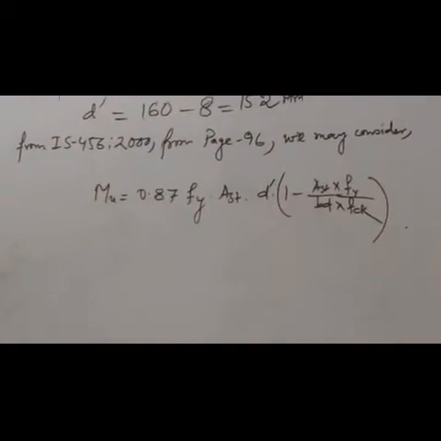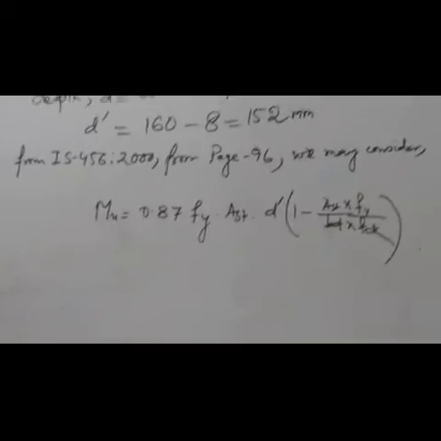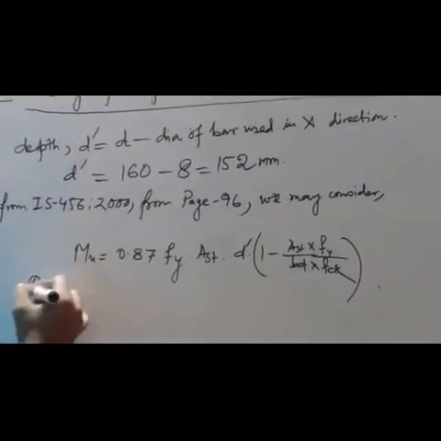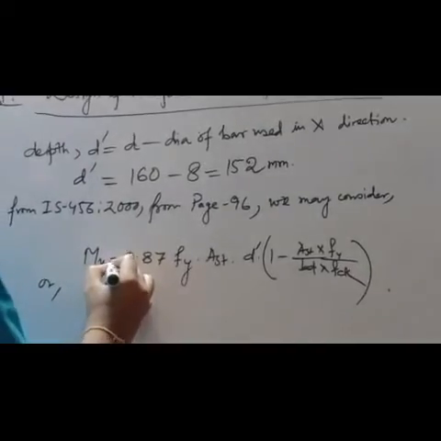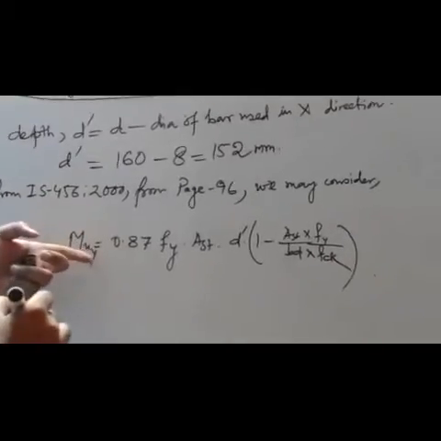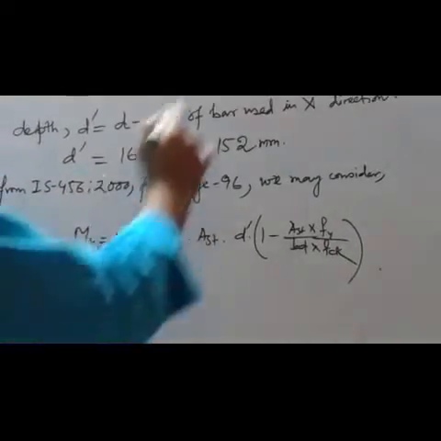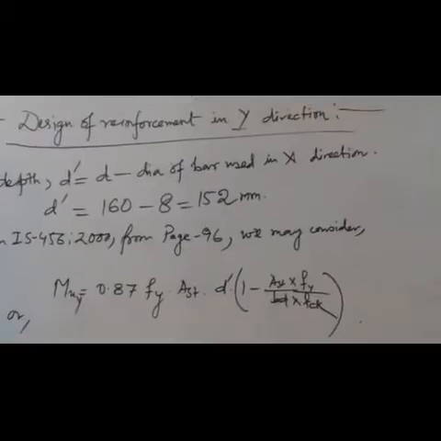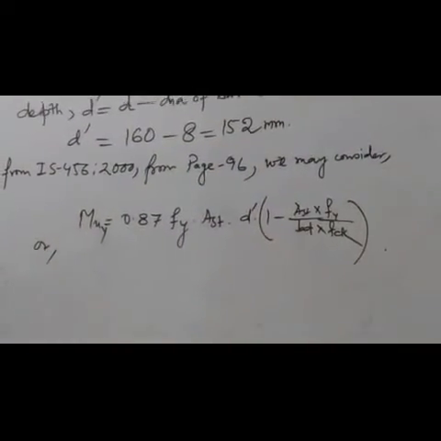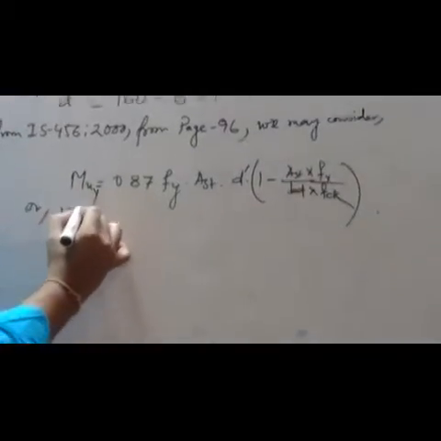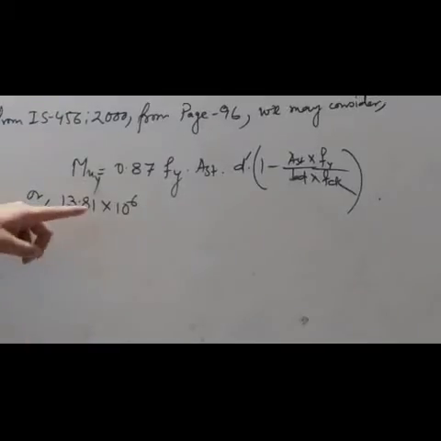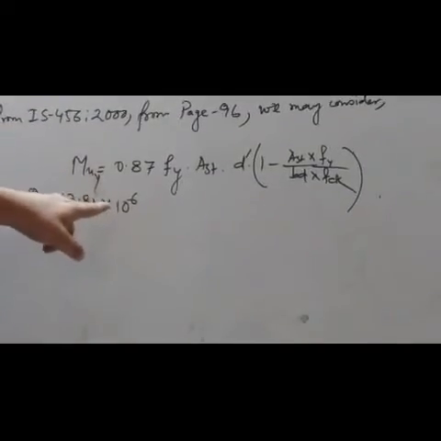Okay, so please write down the value. Now the change is that in the x direction it was Mux, now it is Muy as it is in y direction. The value of Muy was 13.81. So this value will be 13.81 into 10 to the power 6 Newton millimeter.